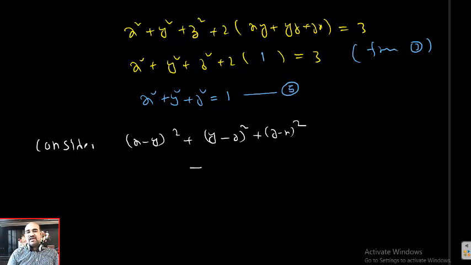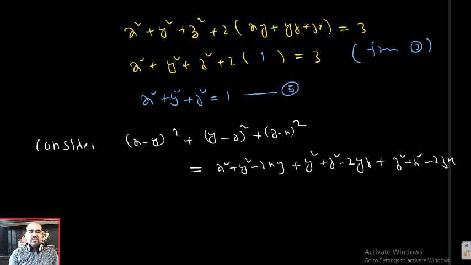So this is the same as x square plus y square minus 2xy, y square plus z square minus 2yz, plus z square plus x square minus 2zx. Here x square plus x square is 2x square, y square plus y square is 2y square, z square plus z square is 2z square.